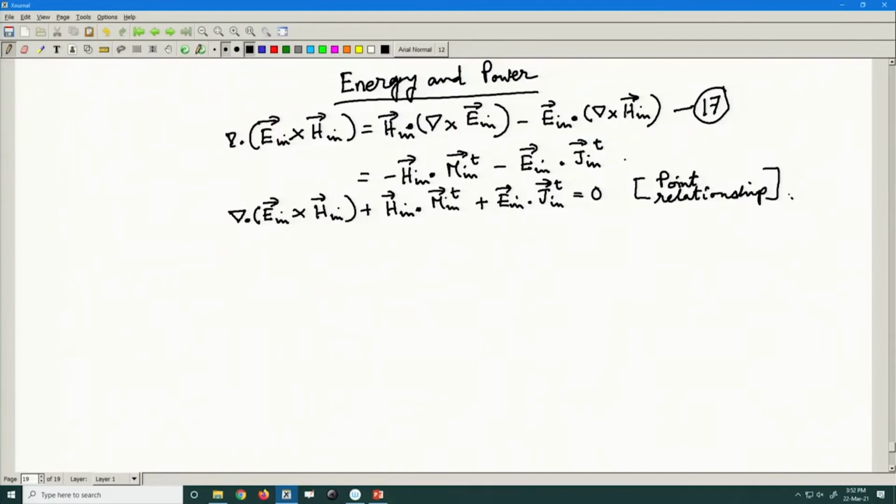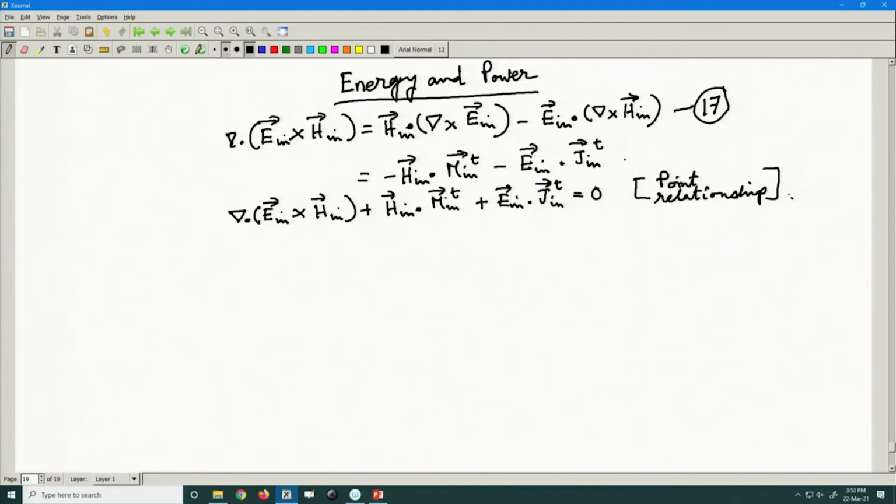So, this differential relationship is valid at a particular point. We can construct an equivalent volume relationship. So, we can integrate in a region and derive an equivalent relationship which is valid in a region of space, as before.